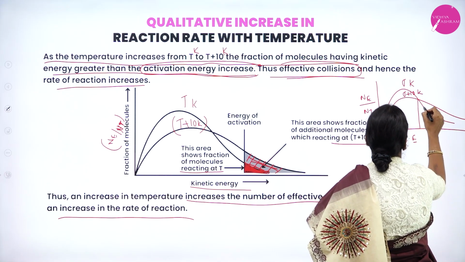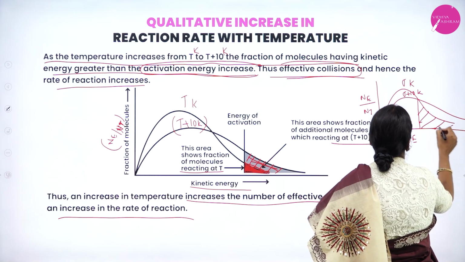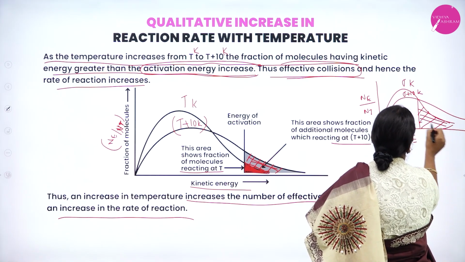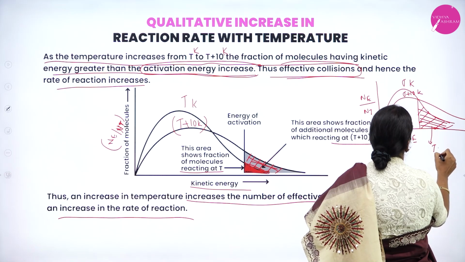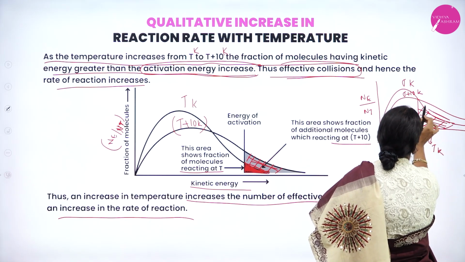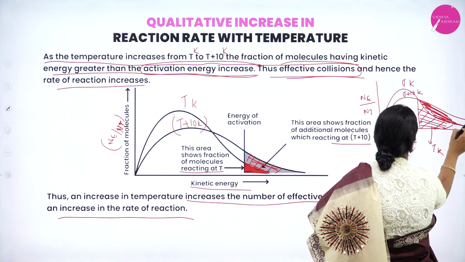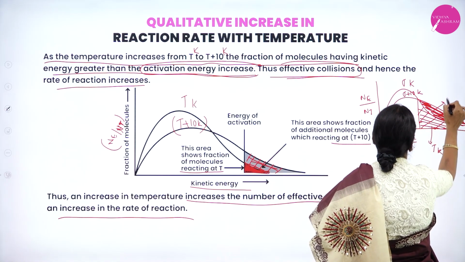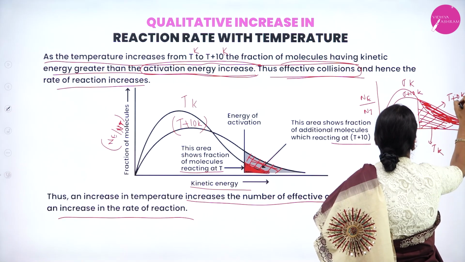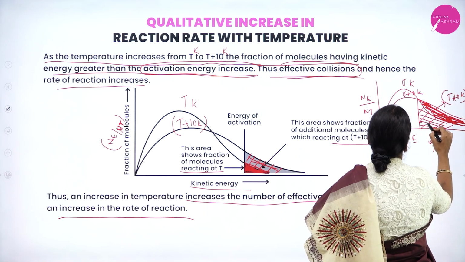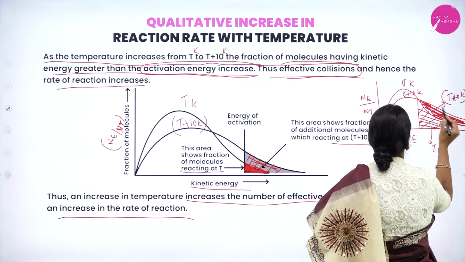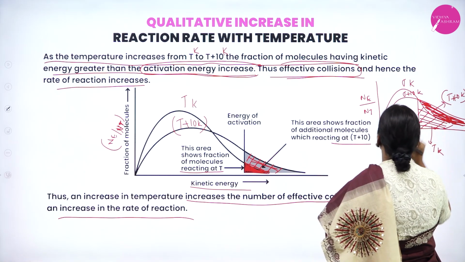Okay, this area shows the activated molecules at T Kelvin. This shaded part that I am shading here is at T plus 10 Kelvin. Observe from the graph, for a rise of 10 degrees centigrade, the number of activated molecules gets doubled.